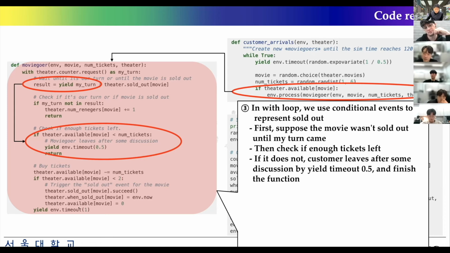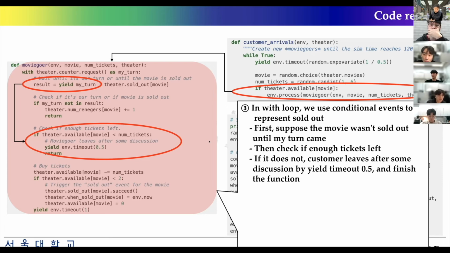And the available number of tickets is changed to 0. I don't know why, even though one ticket remains, in this example the available ticket number is set to 0 in this part.